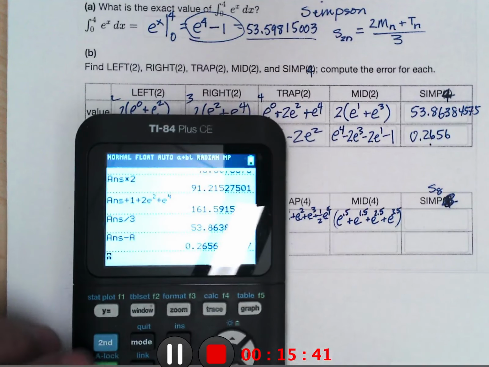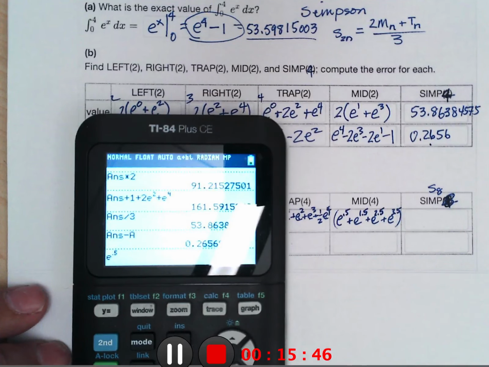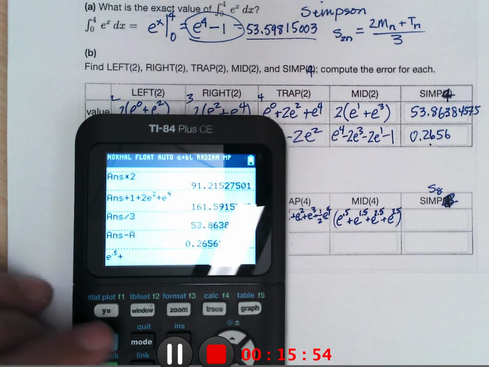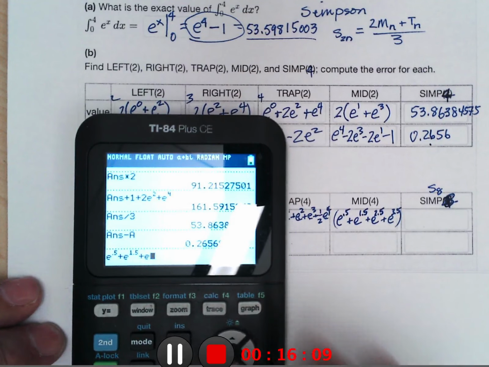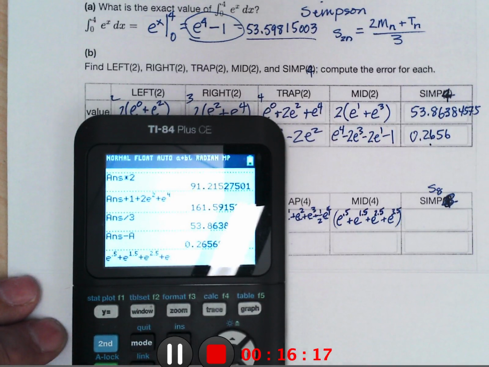E to the 0.5, or the square root of e, plus e to the 1.5, plus e to the 2.5, plus e to the 3.5.